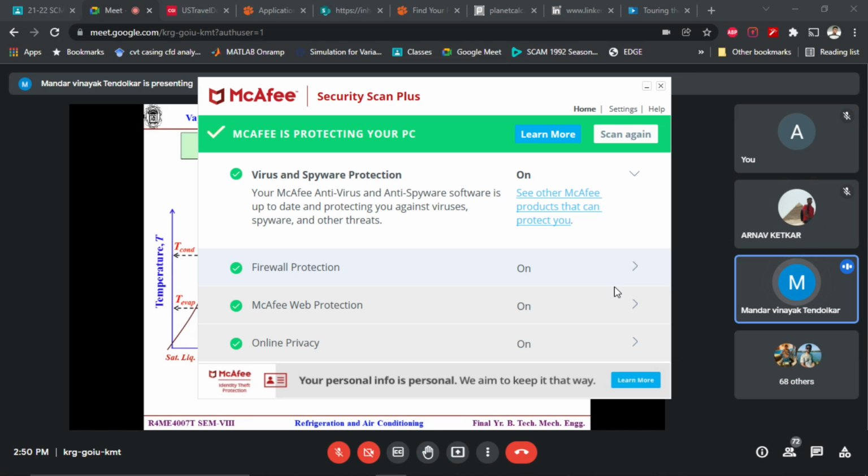So this part, area A1, is called the superheat horn. Since it is a triangular part, we call it a horn. And since it is in the superheated zone, we call it the superheat horn. Fine. Any doubt or not?